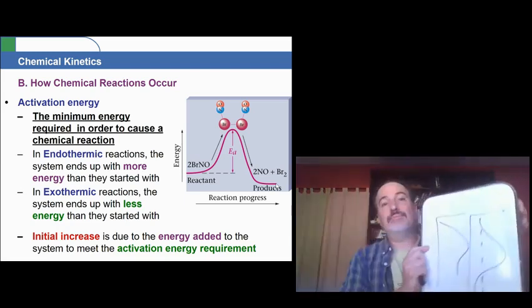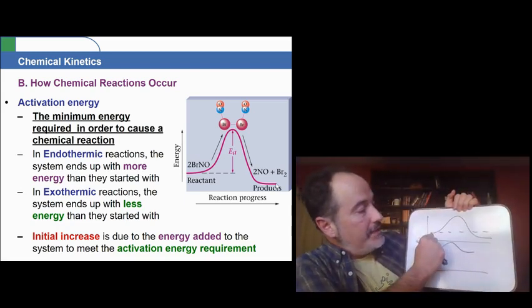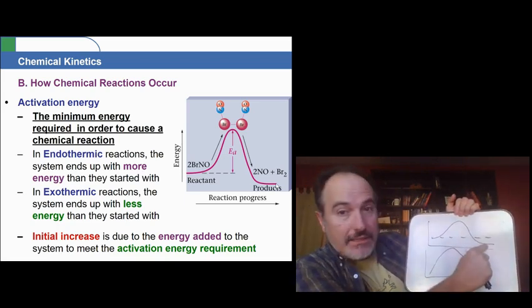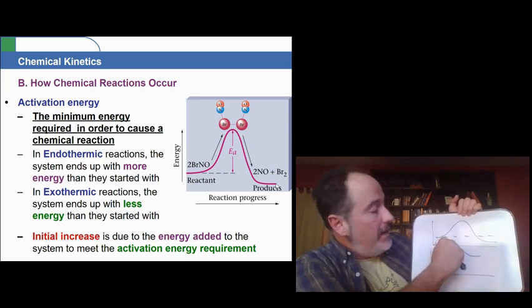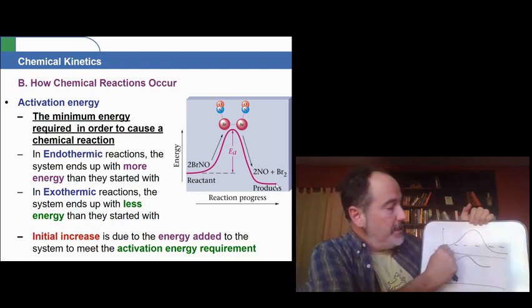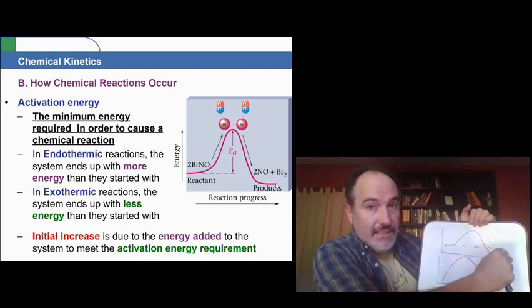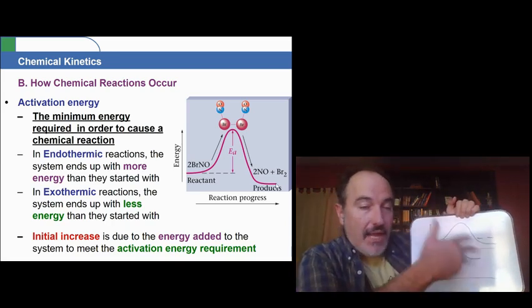Now, in this one, I don't know if you guys can make this out. This, where the reactants are higher up than the products, this represents an exothermic reaction, where you put in some energy, but more is released, just like we learned in the last activities.